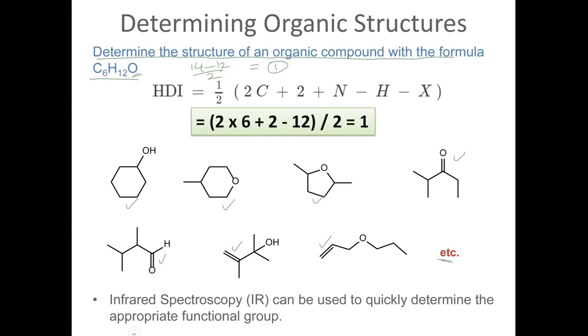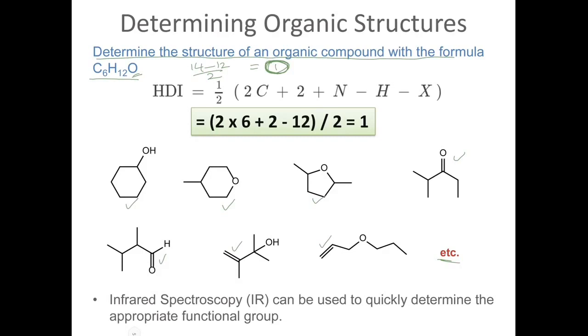Of course, plus others. But the good thing here is that now we know that we are only going to consider structures that have 1 degree of unsaturation. So in other words, the degree of unsaturation does not tell us the final structure of the compound.